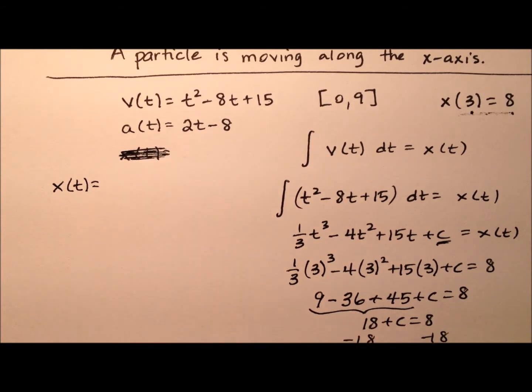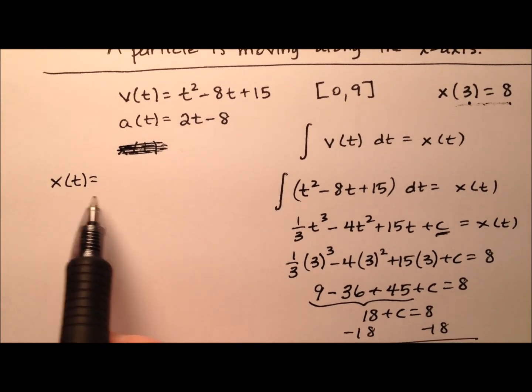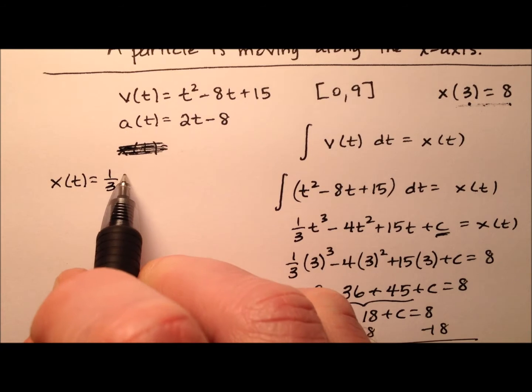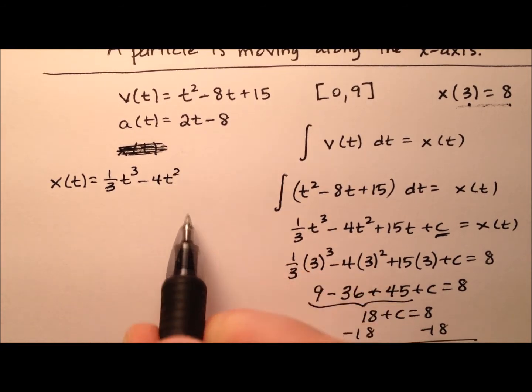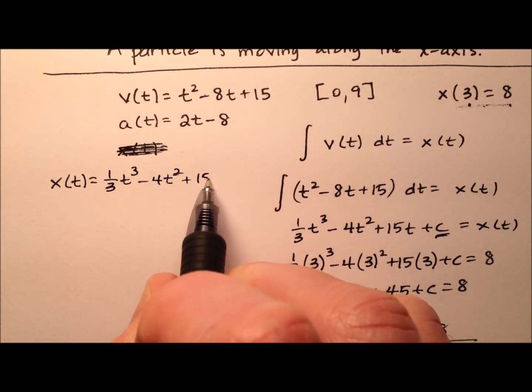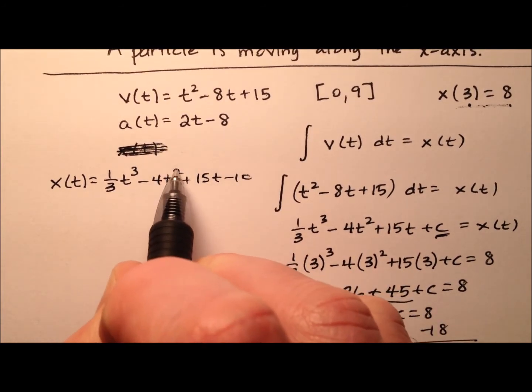Okay, well, that's why we don't write in pen for math. Okay, so we have 1/3 t cubed, minus 4t squared plus 15t minus 10.